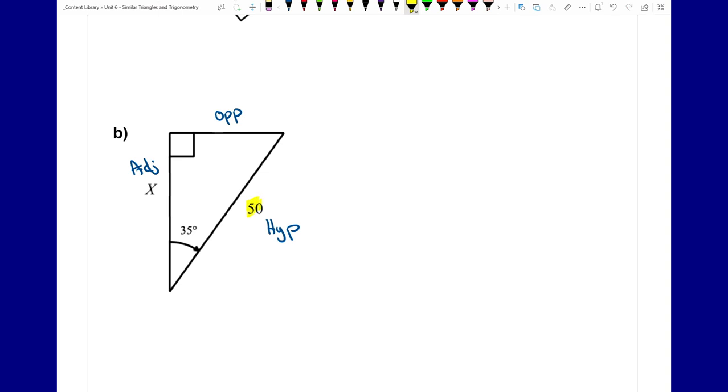We have the hypotenuse, and we're looking for x, the adjacent. So we need a ratio that deals with A and H. Going back to our acronym, cosine of an angle is equal to adjacent over hypotenuse. So we're using the cosine ratio.